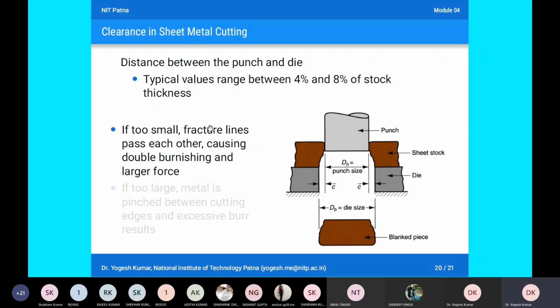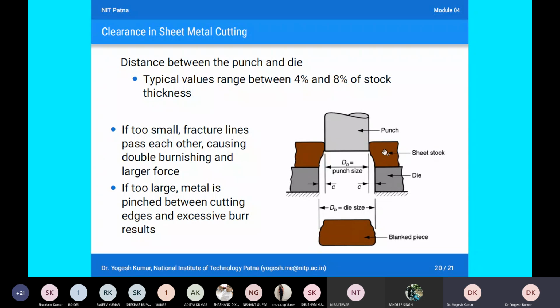What will happen if this clearance is not chosen properly? If this clearance is too small, fracture lines pass each other, causing double burnishing and a larger force requirement. So if the clearance is very small, then a very large force will be required.